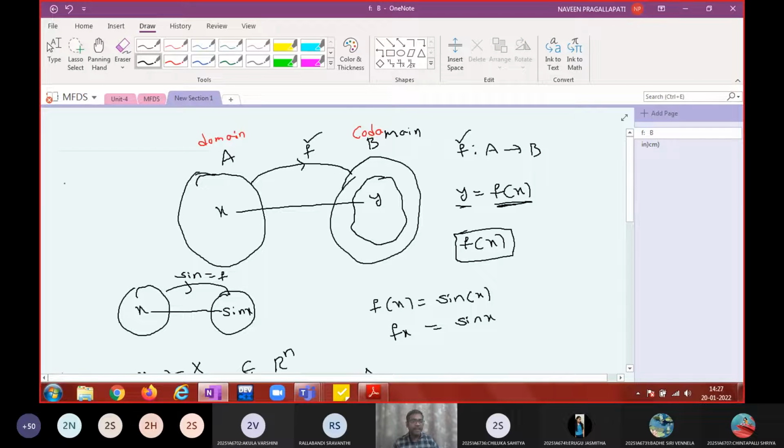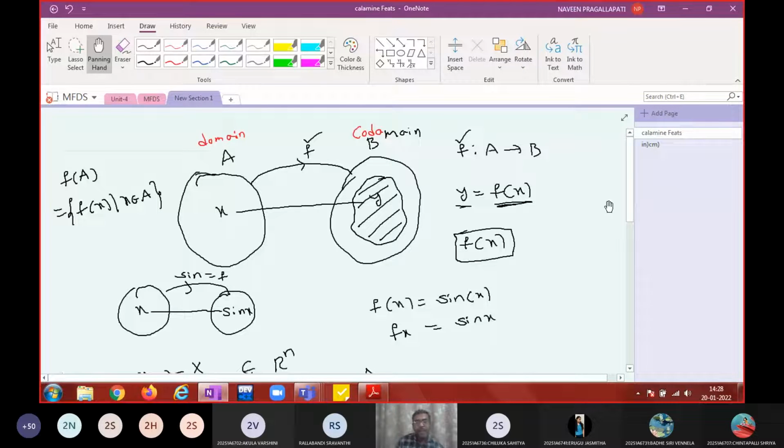Range is nothing but f of A, the set of all images of the function, that is f of x such that x belongs to A. Range is always a subset of the codomain. Range need not be the codomain always. Am I right?